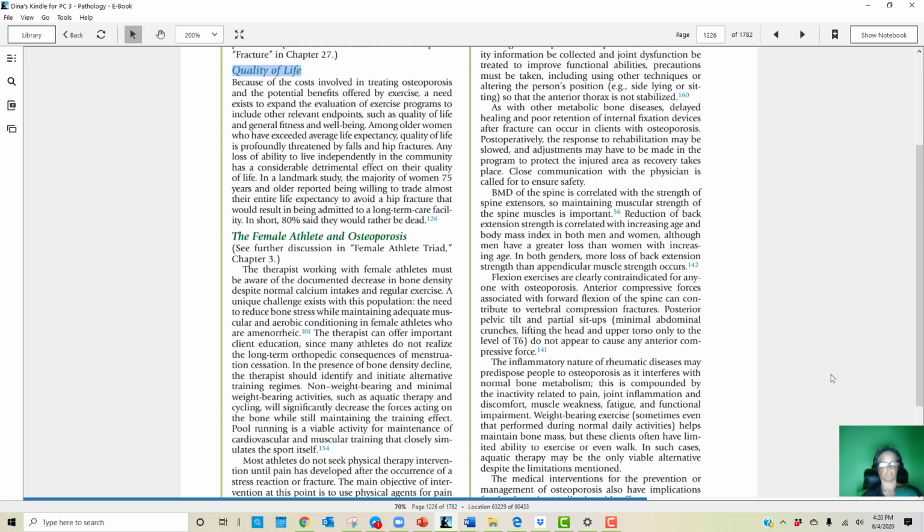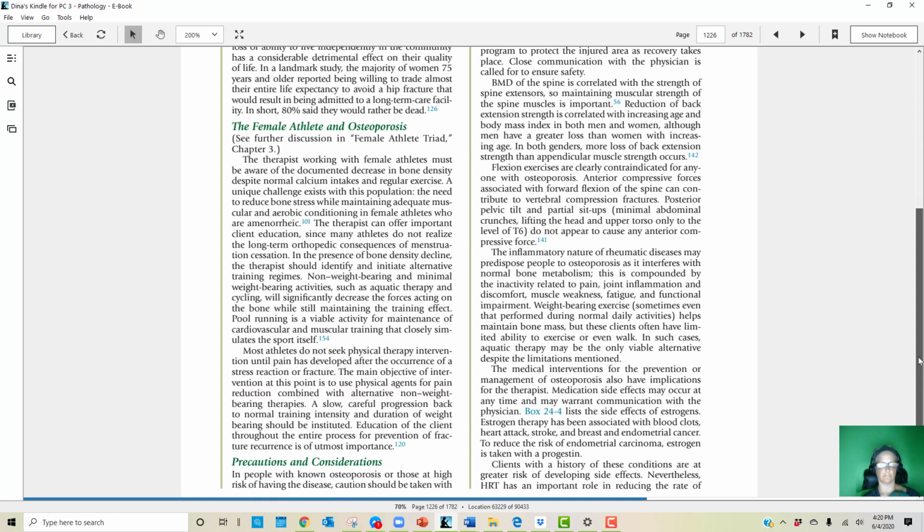Any loss of ability to live independently in the community has a considerable detrimental effect on their quality of life. In a landmark study, the majority of women 75 years and older reported being willing to trade almost their entire life expectancy to avoid a hip fracture that would result in being admitted to a long-term care facility. In short, 80% said they would rather be dead.